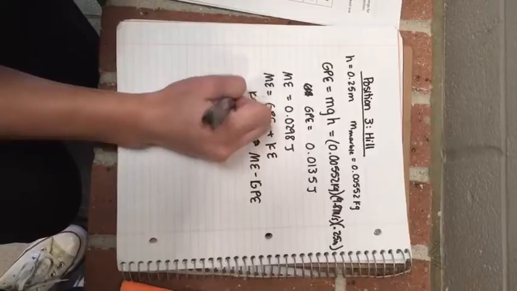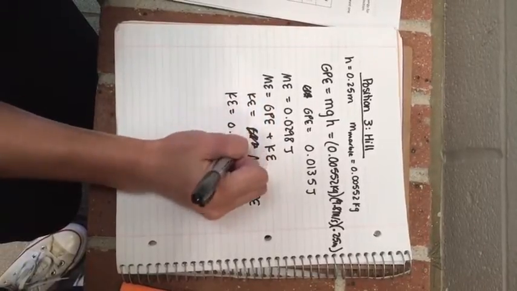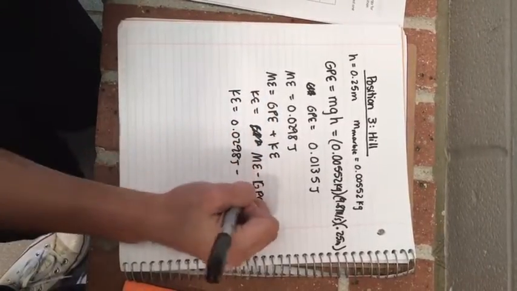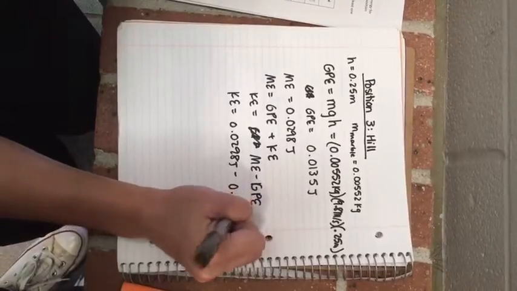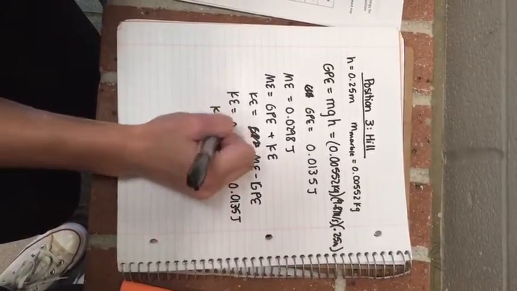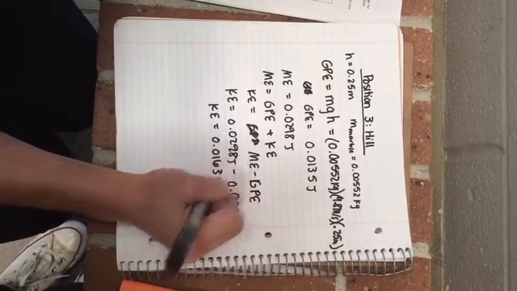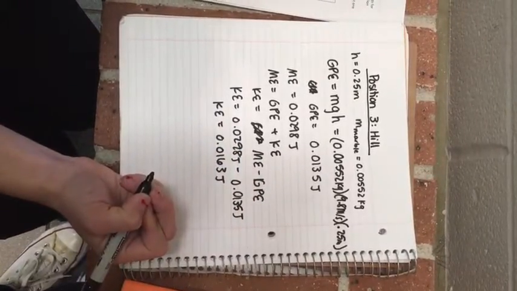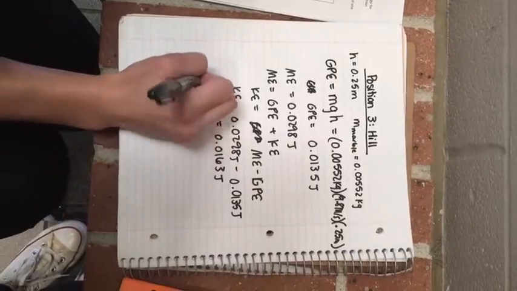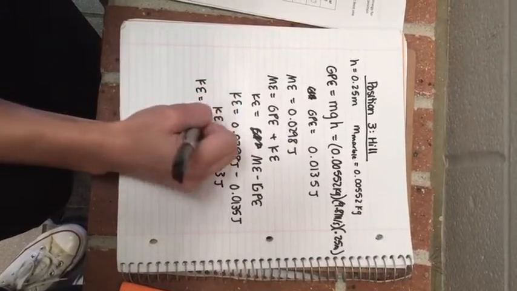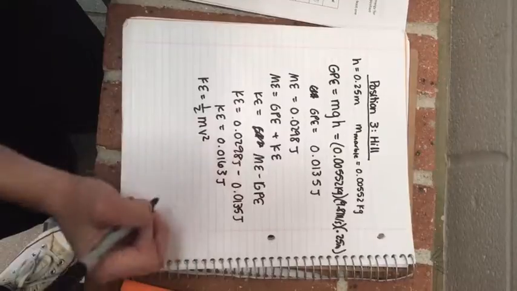So then we'll get KE is equal to 0.0298 joules minus 0.0135 joules. So KE is equal to 0.0163 joules. And then to find the speed of the cart, we do KE is equal to 1/2 mv squared.